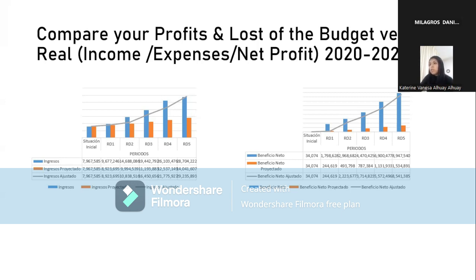Then we can see here in RD5, 28,704,222. Now we can see a variation here, and according to the projected incomes, initial situation 7,967,585, RD5 here we can see 14,041,600.